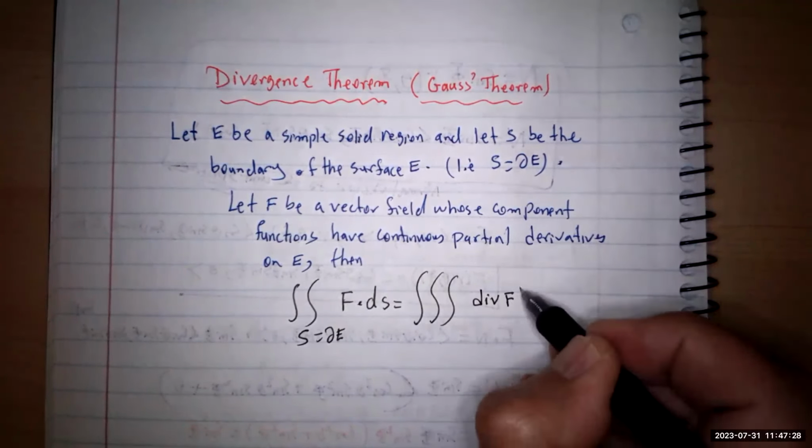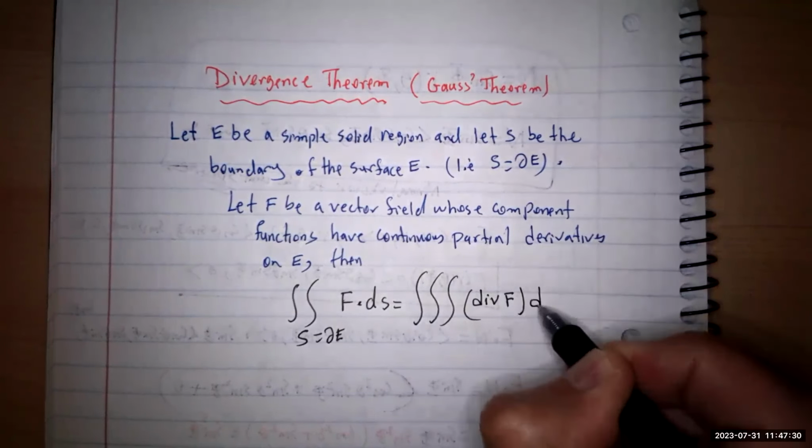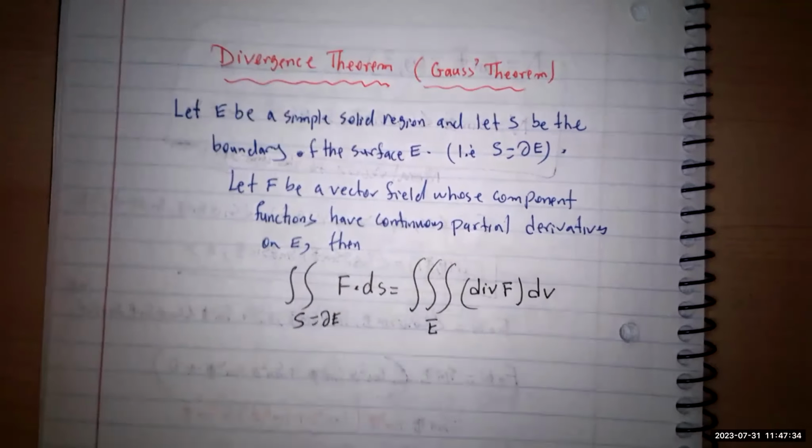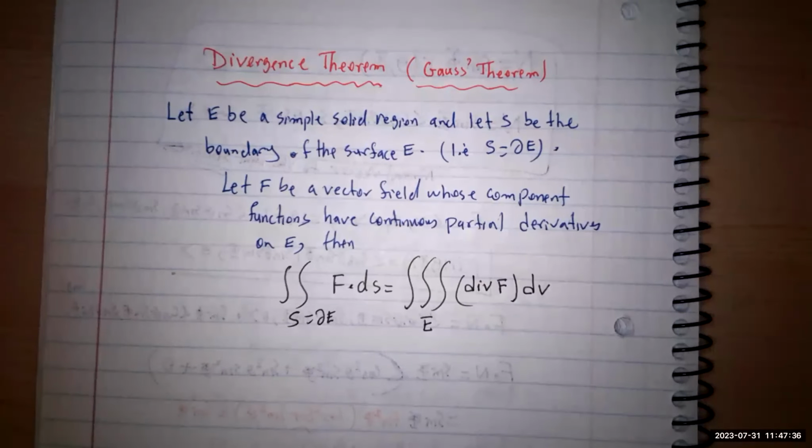I told you we are going to use it. On the solid E. Nice. This is the only theorem that expresses the surface integral in terms of triple integrals. Otherwise, they are all double integrals.